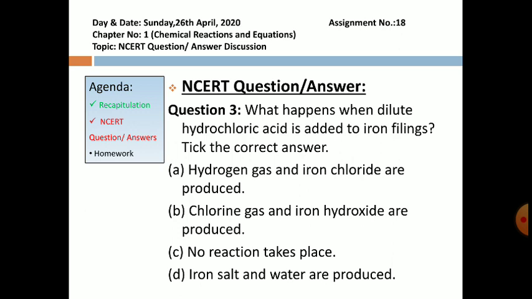So your answer should be A, hydrogen gas and iron chloride are produced. And the equation goes like this: Fe (iron) plus 2HCl (hydrochloric acid) gives FeCl2 plus hydrogen gas.